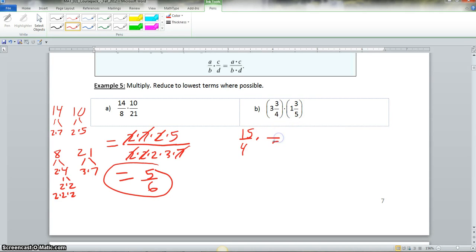Now here our denominator will be 5, and our numerator would be 8. Now, we need to take the prime factorizations. Now, let's do this. I'm going to write the fraction here. First of all, we know the prime factorization of 4 is 2 and 2. And we already know 5 is prime.